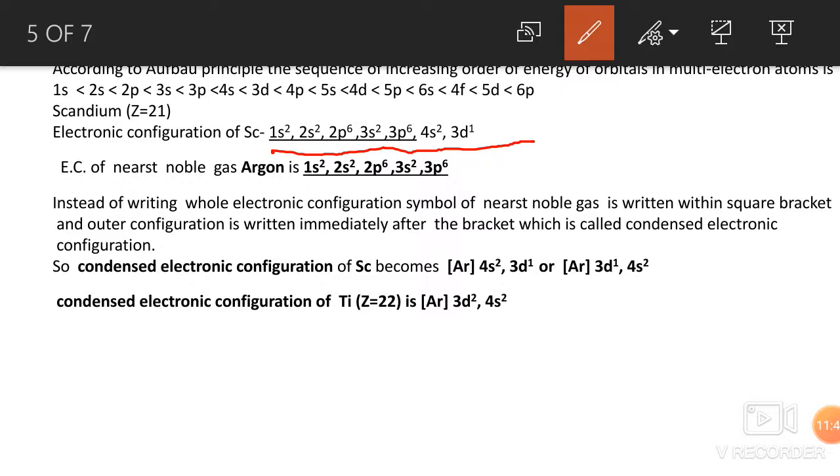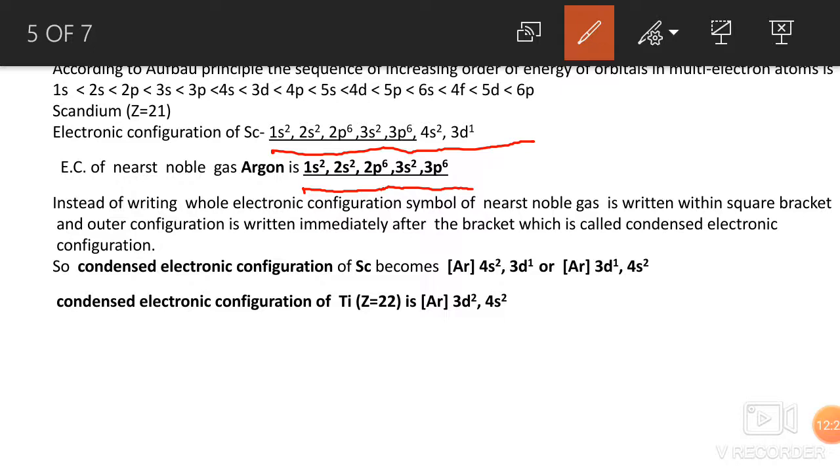So, while writing the electronic configuration of scandium, the symbol of the nearest inert gas, argon, is used. Argon has atomic number 18. According to the above principle, its electronic configuration is 1s2, 2s2, 2p6, 3s2, 3p6.